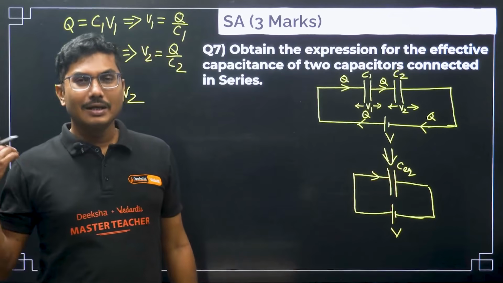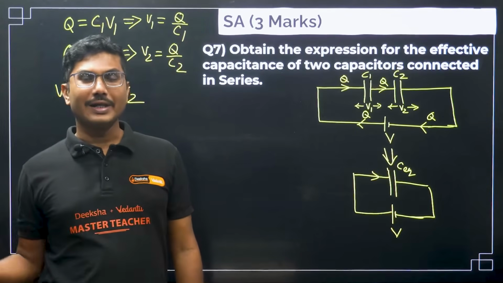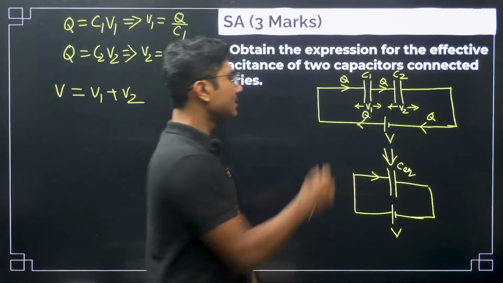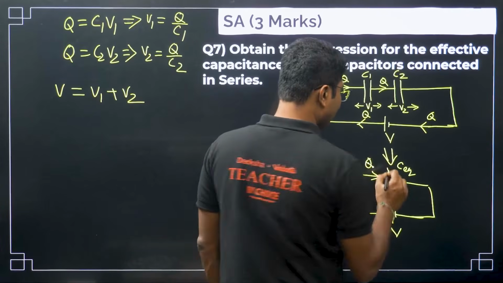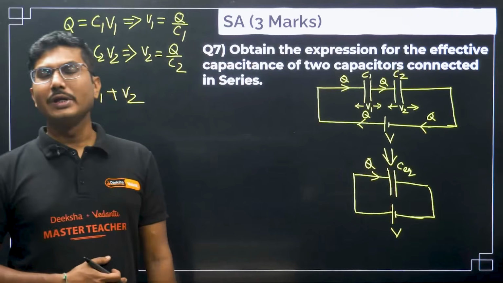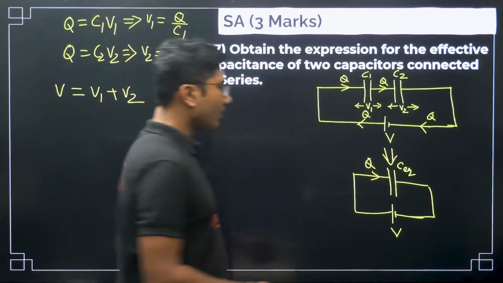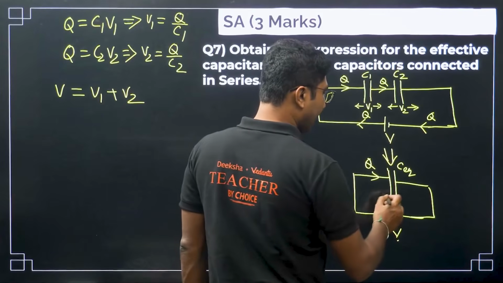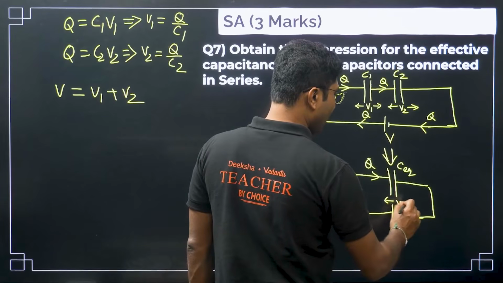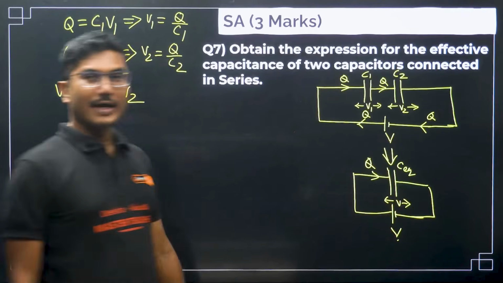What is the major thing about an equivalent circuit? Equivalent circuit means whatever total charge was passing, the charge will remain the same. Whatever voltage you have applied, the same voltage will be dropped across the device itself.